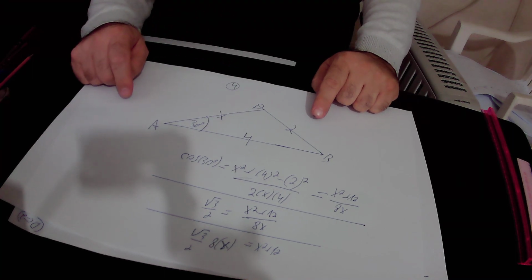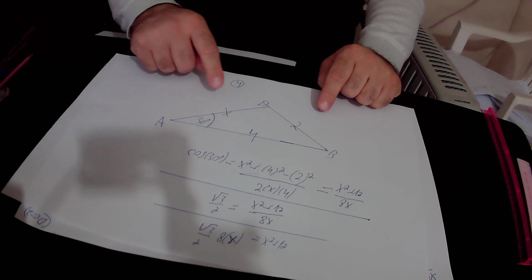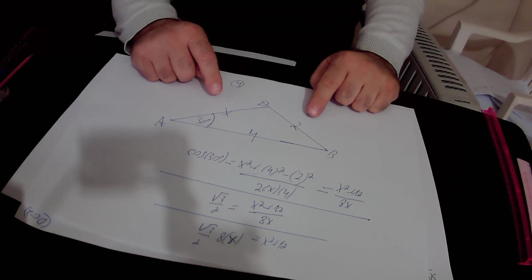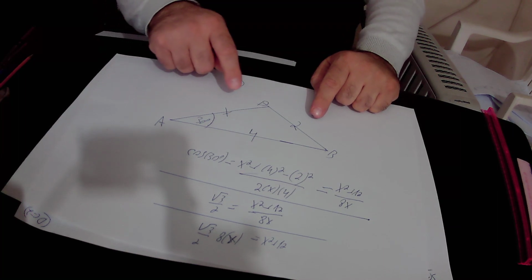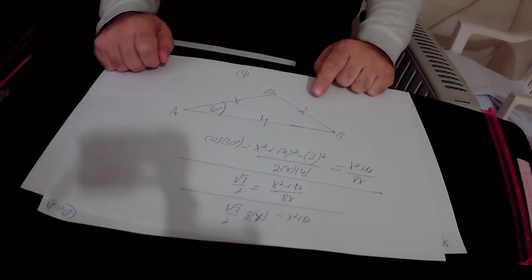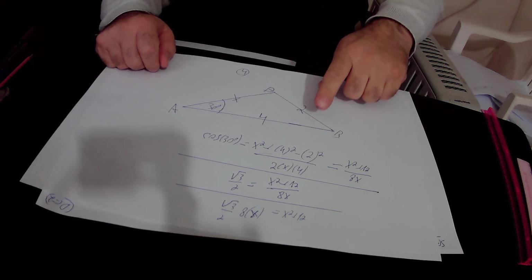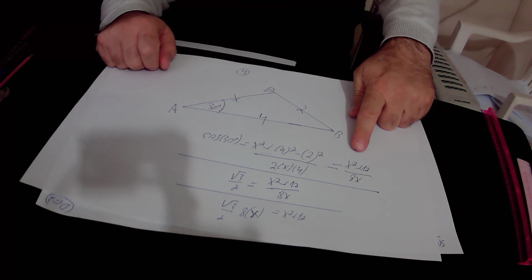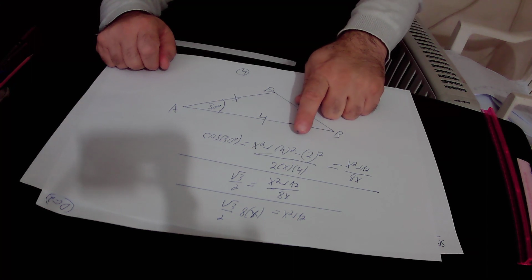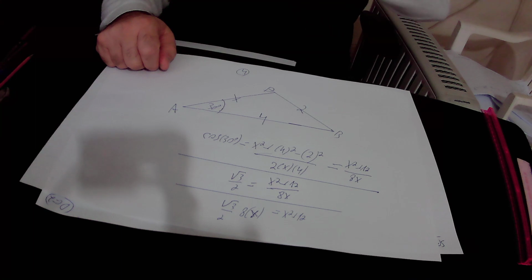According to the law of cosines, in triangle ADB, cosine 30 degrees equals x squared plus 4 squared minus 2 squared over 2 times x times 4. Here 4 squared is 16, minus 2 squared is minus 4, 16 minus 4 is 12. So in the numerator we have x squared plus 12. In the denominator we have 2 times 4 is 8, 8 times x is 8x.